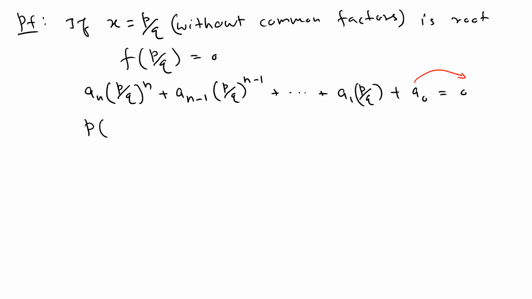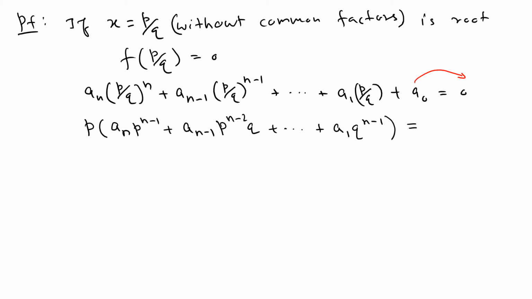Once you do that, you're going to get a_n p^(n-1), and then here you have a_(n-1), because you multiplied by q^n, so you get p^(n-2) and a q, and so on. Then for the last terms you get a_1 and q^(n-1).